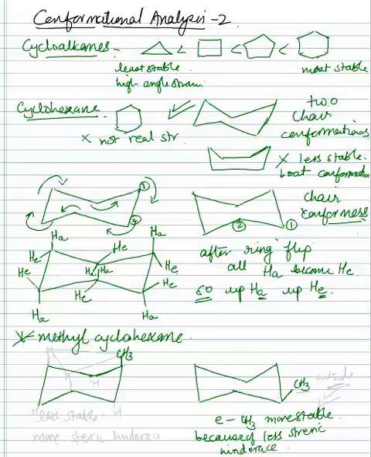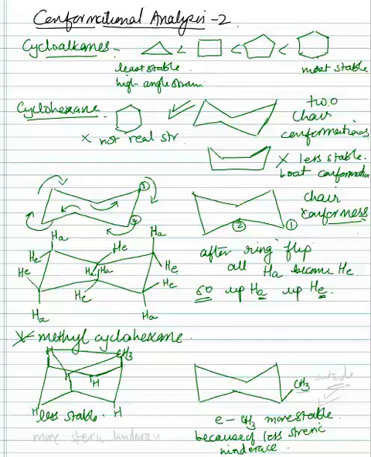So for example, if we look at the less stable structure, you will see that you have the methyl group over here. You also have this axial hydrogen going down, this axial hydrogen coming up, this axial hydrogen going down, this axial hydrogen going up, and this axial hydrogen going down. So these three will start interacting with each other, and there is less space then.